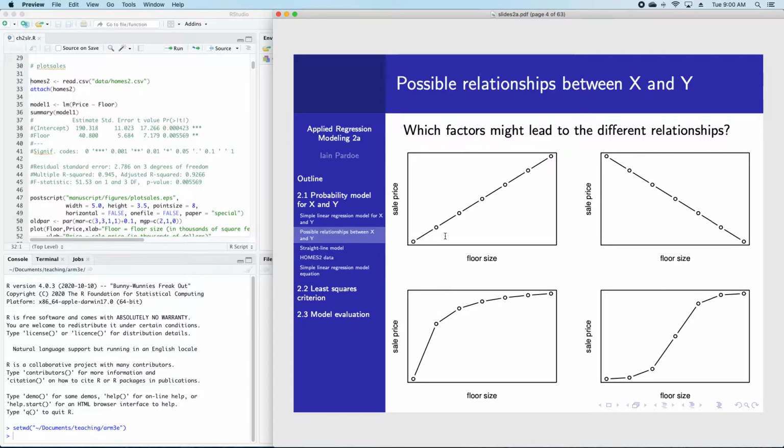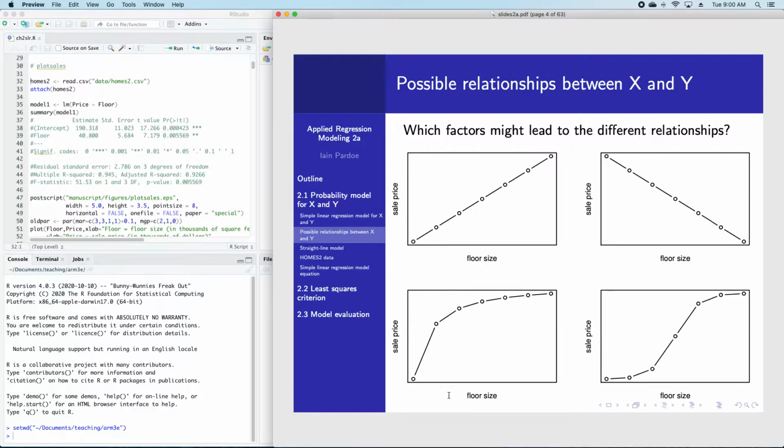Each incremental increase in floor size leads to the same incremental increase in sale price. We've got a straight line. This one over here, I'm not sure that this would ever be observed in this particular context, because here we've got sale price decreasing as floor size increases. So this is perhaps an unlikely relationship.